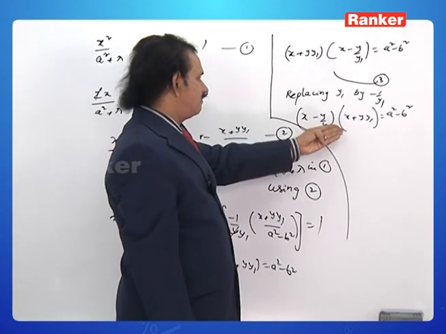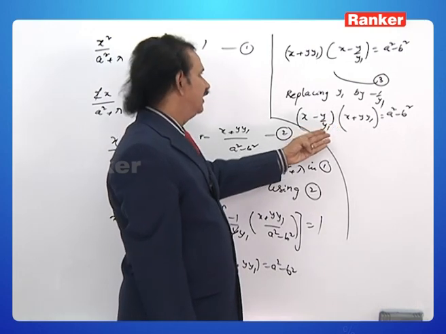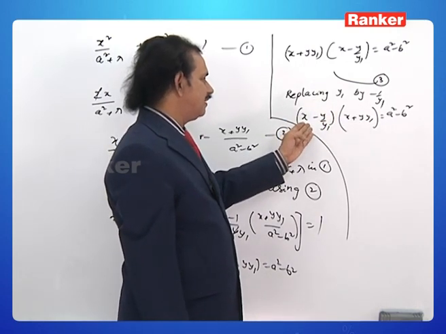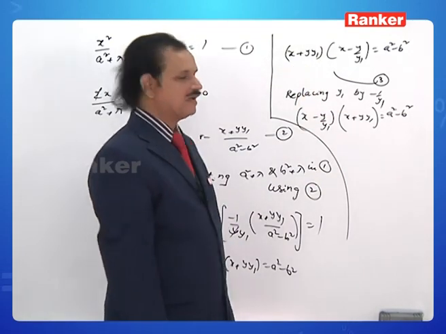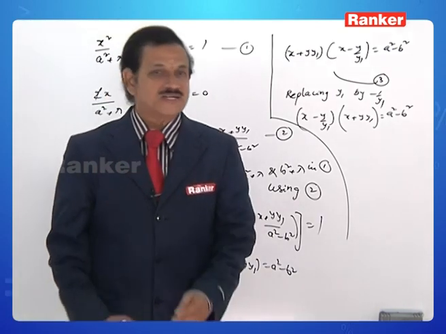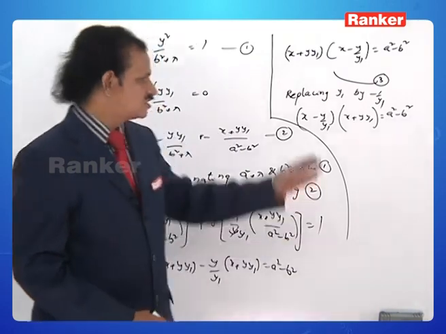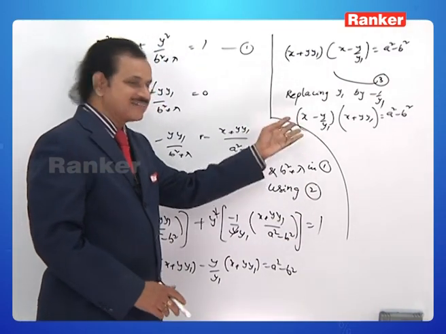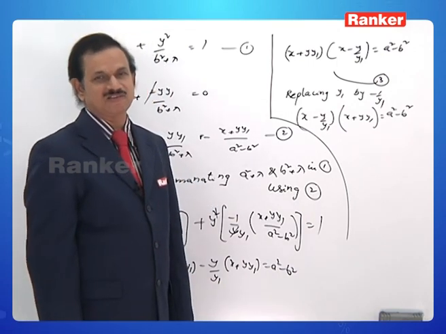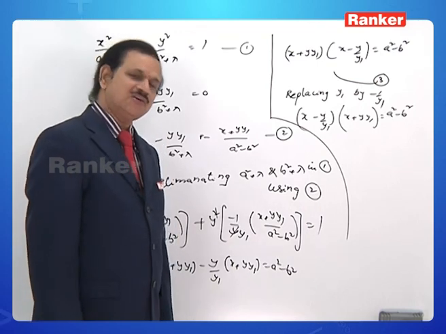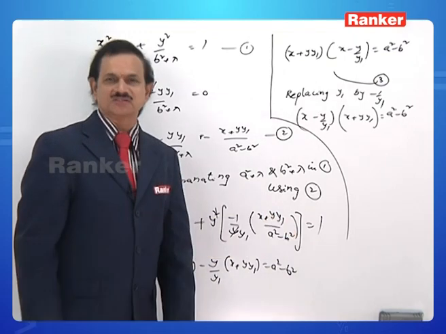Is there any difference between these two? Observe it carefully. x plus yy1 into x minus yy1 is equal to a square minus b square. x plus yy1 into x minus y by y1 is equal to a square minus b square. What can you conclude by observing this similarity? This context reveals that the given family of curves and the orthogonal trajectories have the same differential equations.